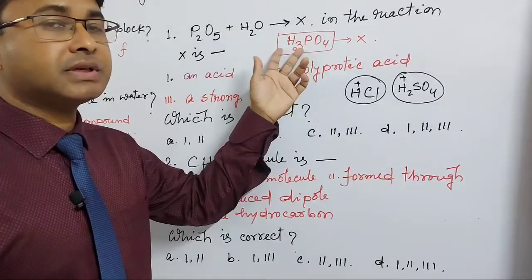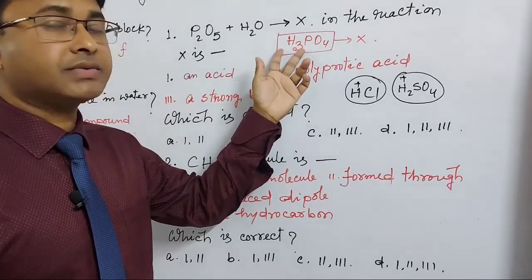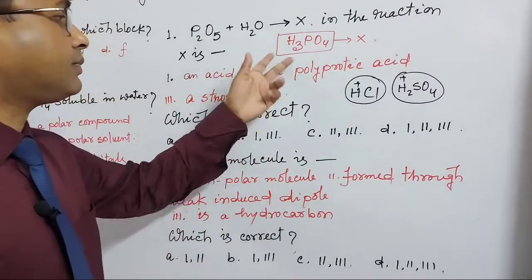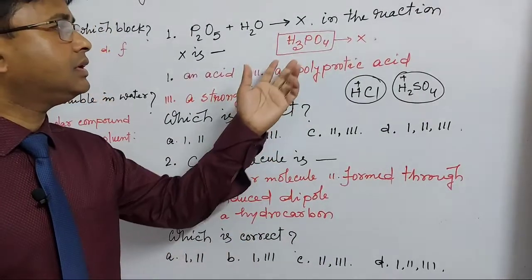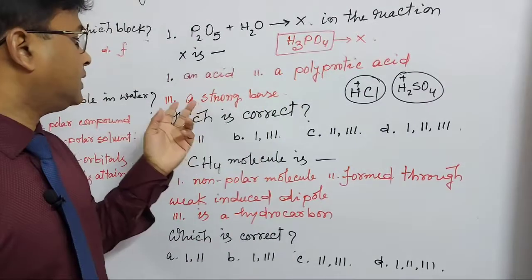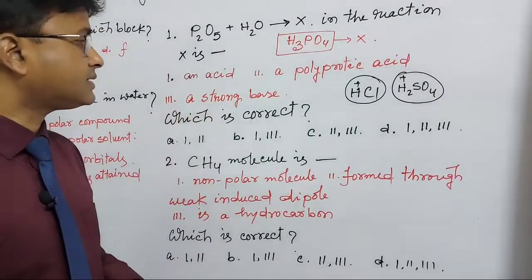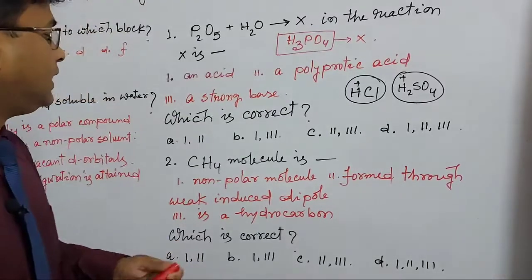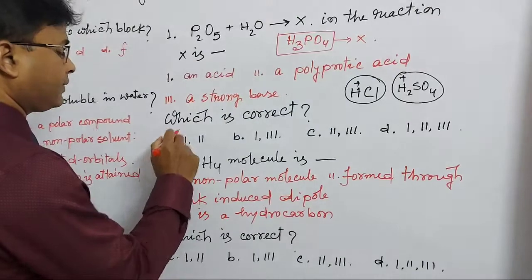Polyprotic acid means here there are three hydrogen atoms, three H plus ions. Students, already I have told you H3PO4 is an acid. So choice number 3, a strong base, is absolutely wrong. So the answer will be choice A.